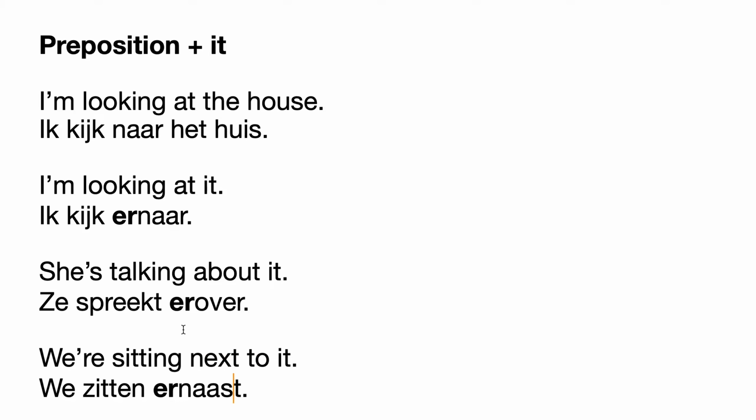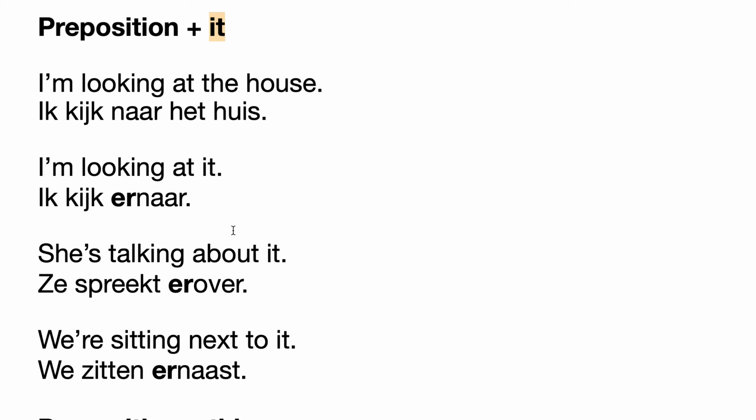So it depends on the verb or what you want to say. Some verbs will usually take the same preposition. For example, kijken will usually be with naar. Cool. So that's a preposition with it. Remember, it is put in front of the preposition and it turns into an er and then the preposition.